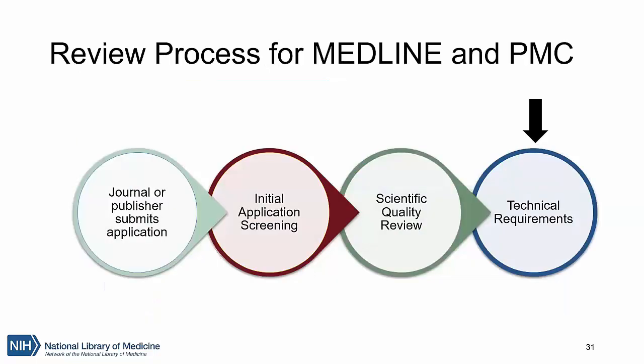If the journal passes the scientific quality review for Medline or PMC, then it goes on to the final step of ensuring it meets all the technical requirements. Journals and publishers upload their own content to Medline and PMC. This process is more advanced and time-consuming for PMC as they must provide the full text content, all images, and any supplemental materials.